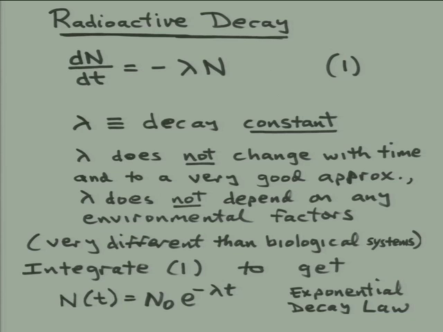I introduced the concept of the decay constant, which has units of inverse time. It's a rate, number of decays per second, if you like, and it's a characteristic of a particular isotope. We can take the differential equation written there, integrate it, and get the famous exponential decay law.